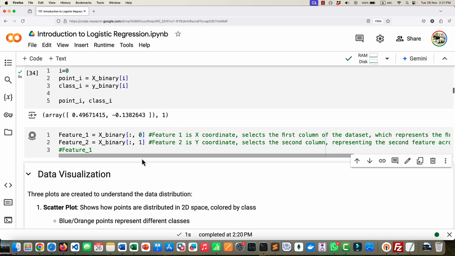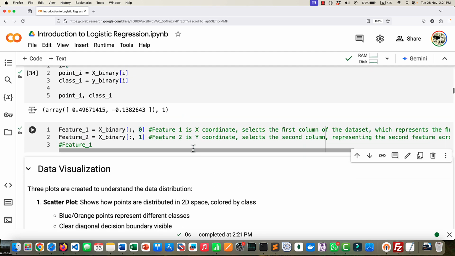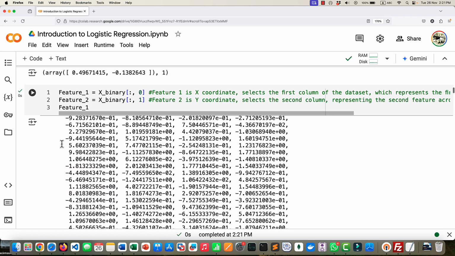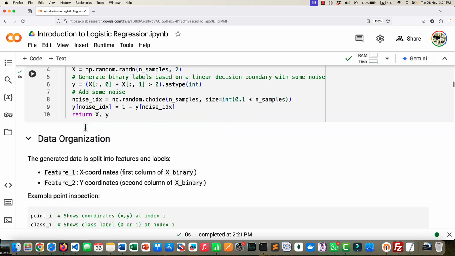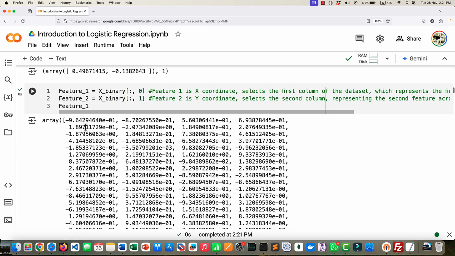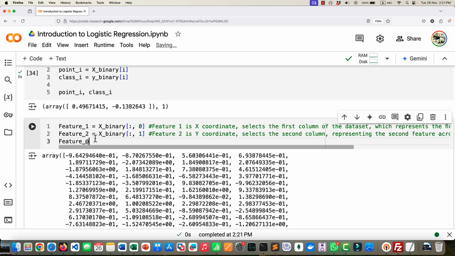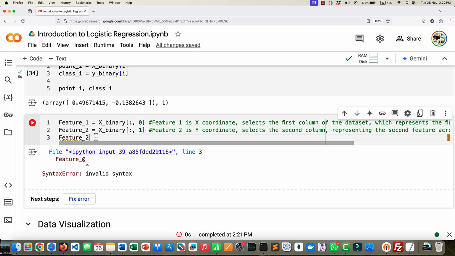And let me show you feature number 1, which is the X coordinate. Let me visualize it. So this is the array of feature number 1, all the X values, and I can show all the Y values as well.